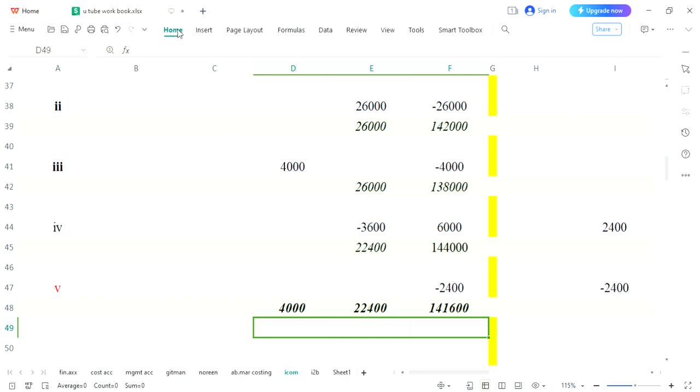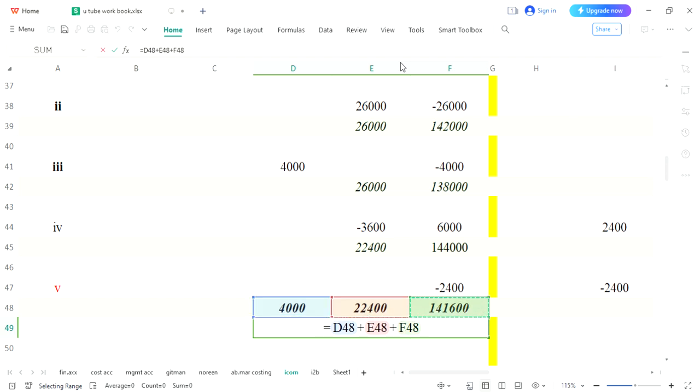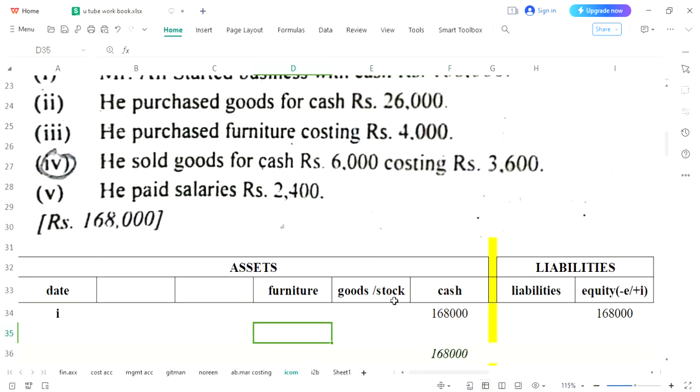There were only 3 columns, so you will take sum of, look, 4,000 plus 22,400 plus 140,600. Please note it down. You have added all 3 columns, so you have got your final answer. Now asset side is completed. All entries in asset side are completed.